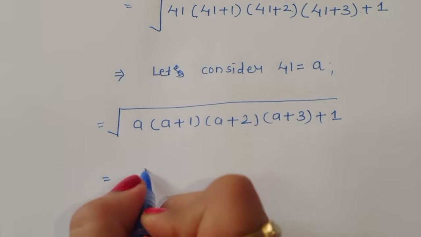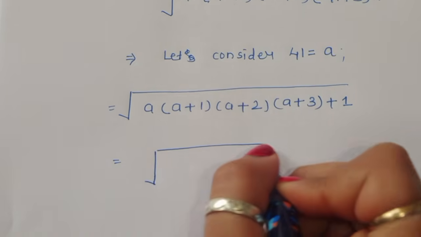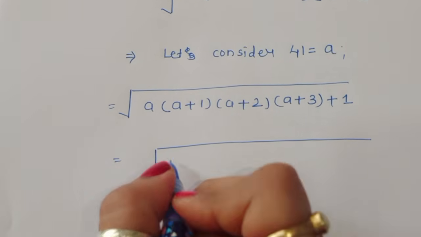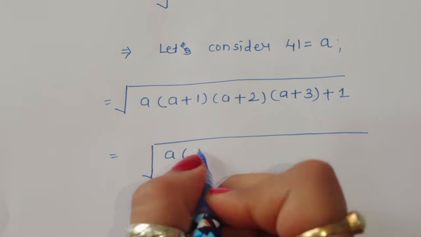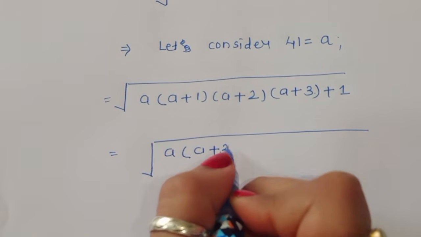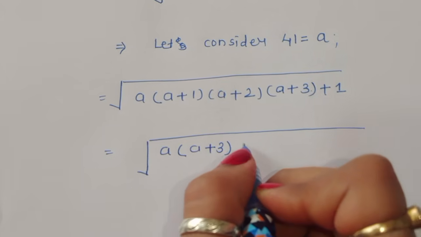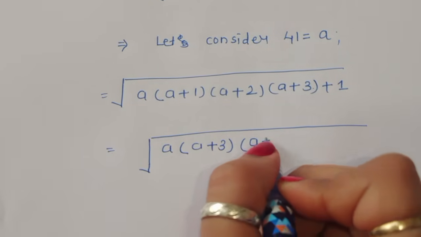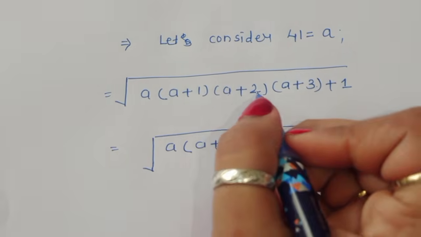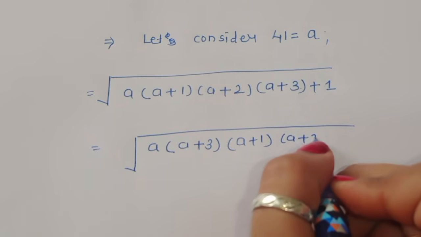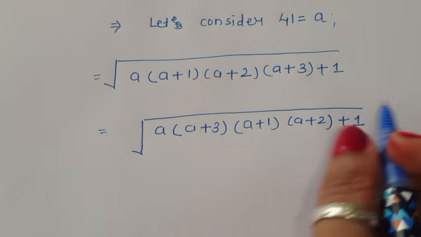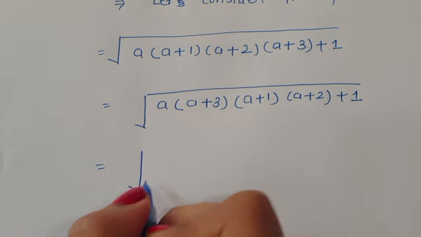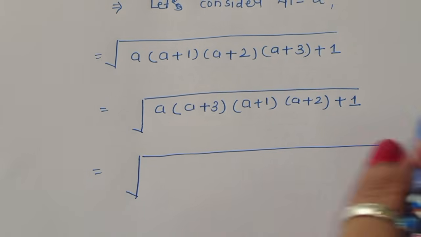Now we are shifting some terms here. So A times A plus 3, next term is A plus 1 times A plus 2, plus 1. Now let's simplify this one.